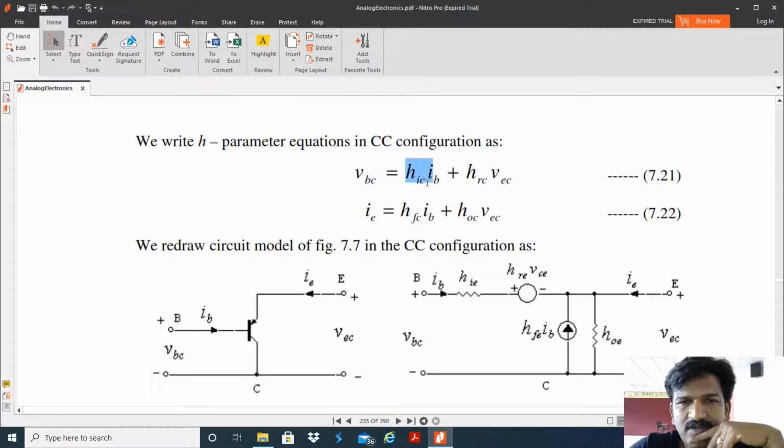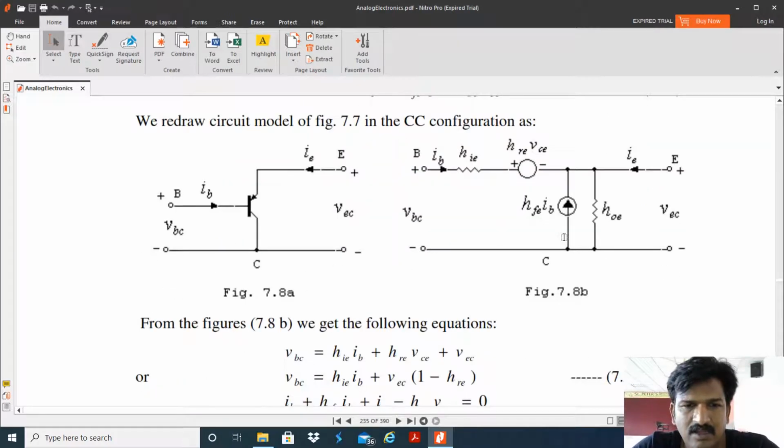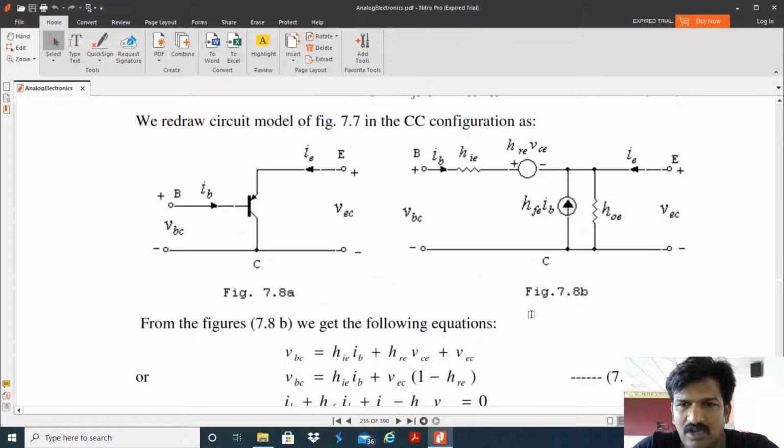We have to determine the equations for HIC, HRC, HFC, HOC in terms of the parameters of the CE configuration. Now let us write the equation for the input circuit from figure 7.8b. This one is the input circuit.